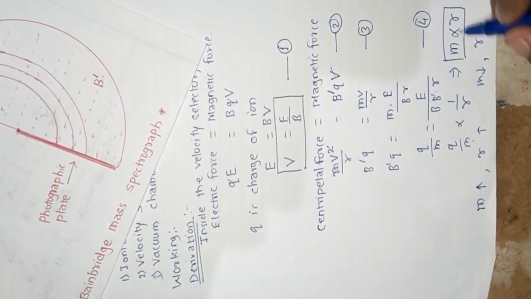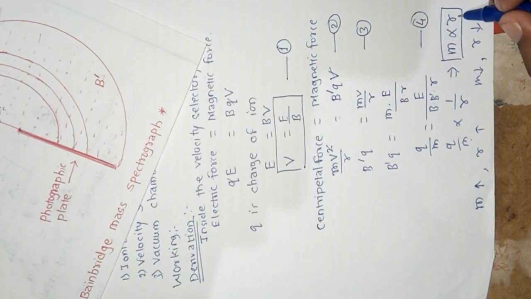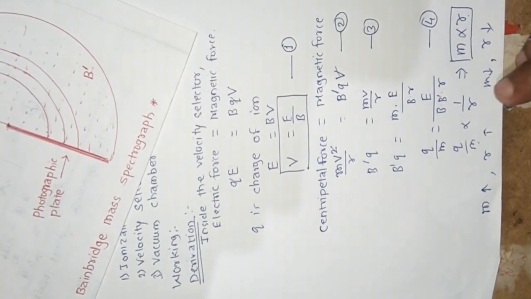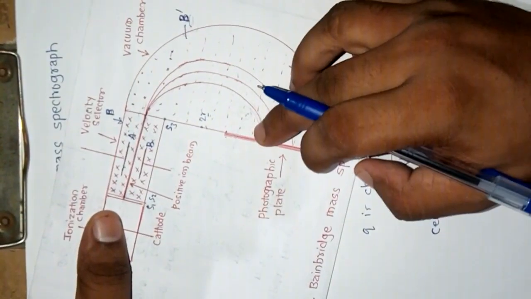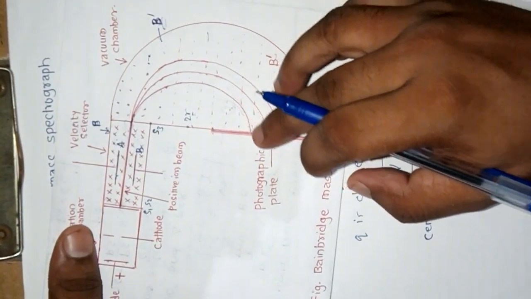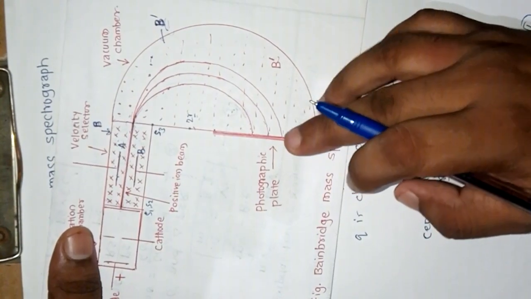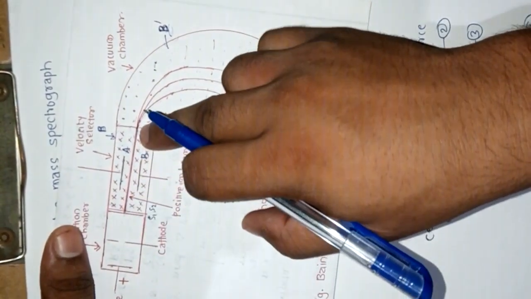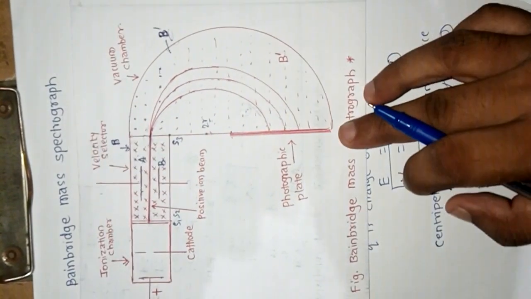From this relation, M is directly proportional to R. So using the traces from this photographic plate, we can detect the presence of isotopes in a given beam of positive ions.